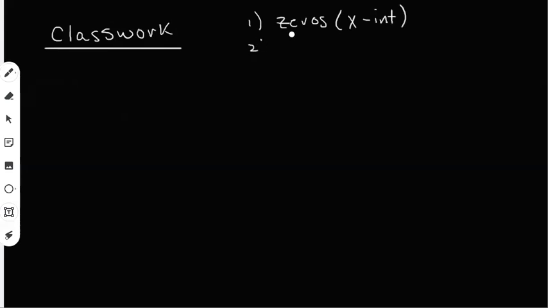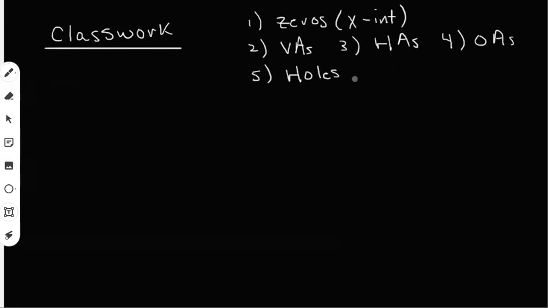Then you're going to be finding all the asymptotes. You're going to have vertical asymptotes, horizontal asymptotes, and very rarely, you might even have oblique asymptotes. And then the 5th thing that you want to find is all the holes in the graph, also known as point discontinuities.